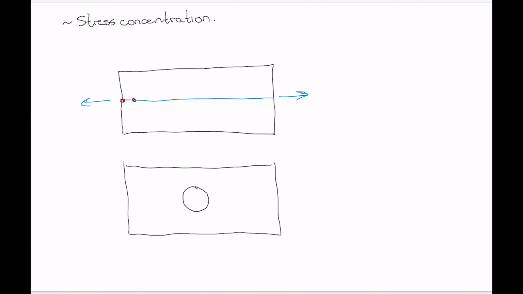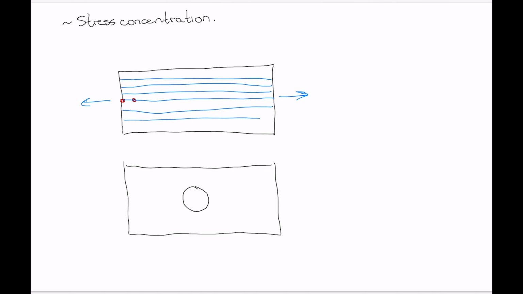And you could draw lines of force transmission, internal force transmission, through the plate from sort of top to bottom like this. Okay, they should all be nice and straight there. I know they're not in my drawing, but okay, so these are lines of internal force transmission.